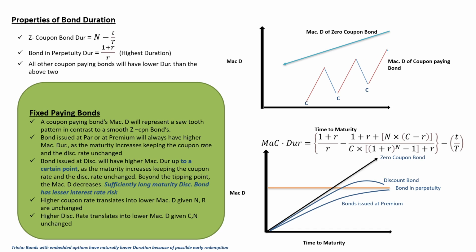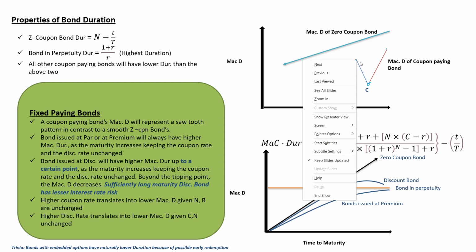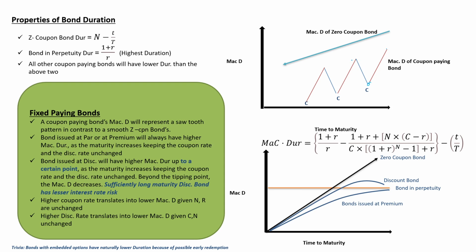If you have the Macaulay durations at every coupon paying period, the duration drops drastically, and then again it slides up in anticipation of the next coupon being received at the next resetting date. So it forms a sawtooth pattern, but it has a very smooth effect as far as fixed coupon bonds are concerned. So fixed coupon paying bonds have a very smooth duration measure that actually falls to zero as the tenor approaches.